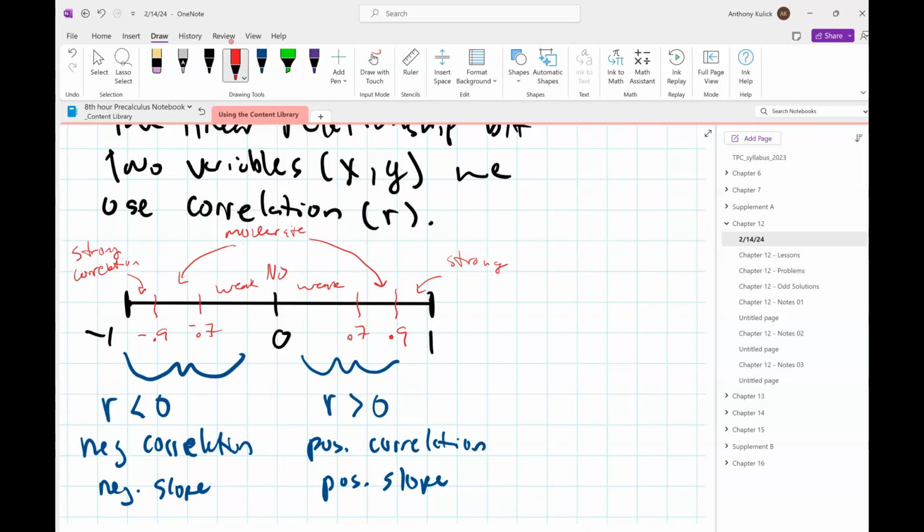Is everybody okay with the numerical dividing lines that we're giving here? One special thing to say: if you get a correlation of exactly -1 or exactly +1, what that means is that if I plot the two variables and draw a line, you could draw a line that goes through every single point in your data.